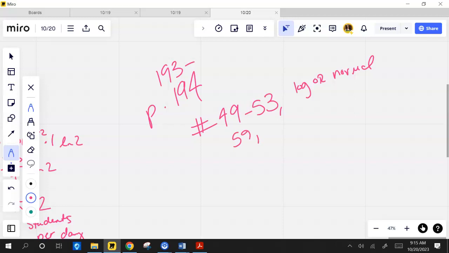Okay, and then your multiple choice. 65 through, no, this is an 8. Those are multiple choice. There's 4 more multiple choice on the next page.